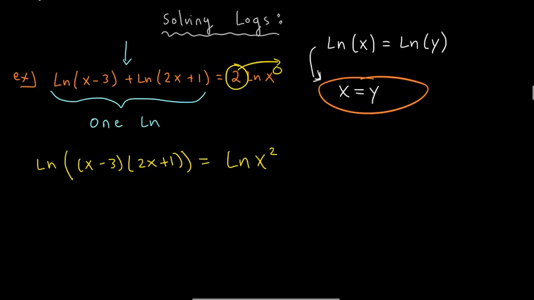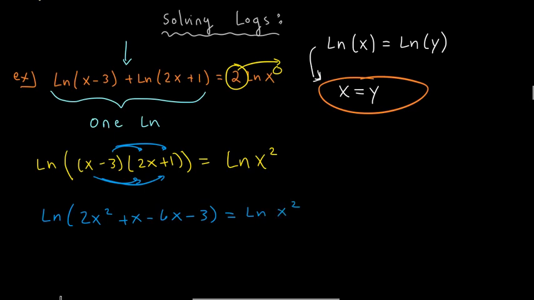So now what we need to do, a real quick bit of maths here, a little FOIL action there. x times 2x squared, sorry, x times 2x is 2x squared, plus x minus 6x minus 3. You know what I'm saying? ln x squared. I'm just doing a little cleanup work here.